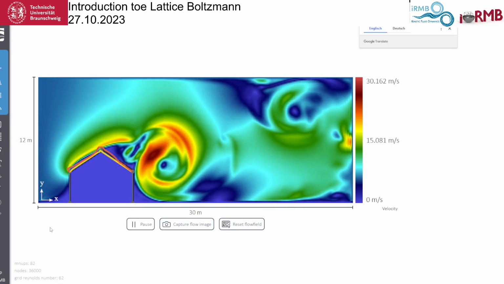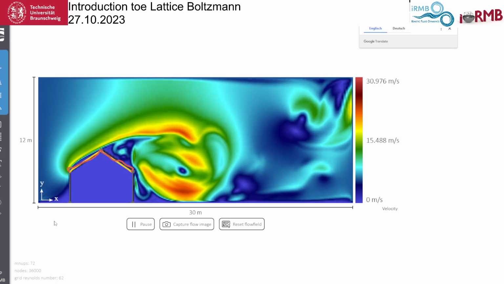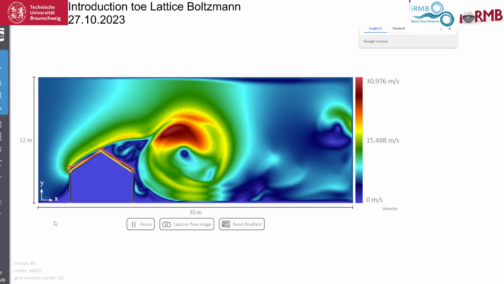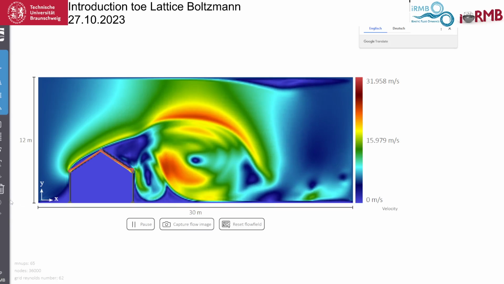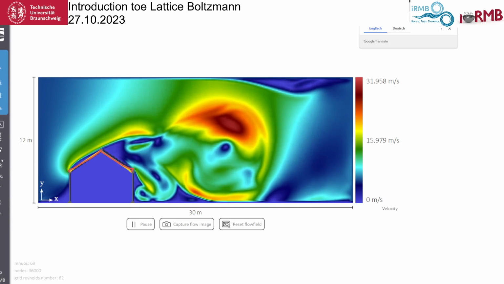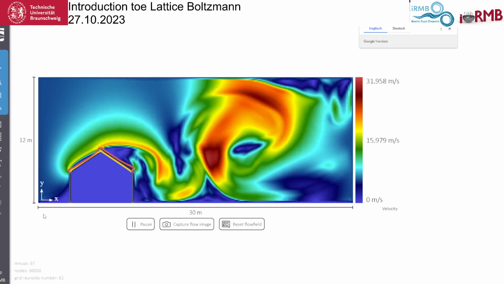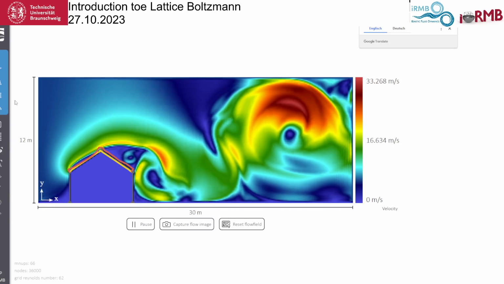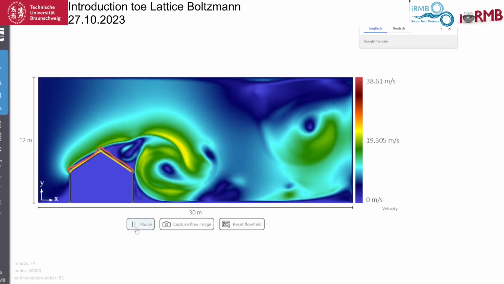This is a tool that was completely implemented by a student of ours, and he spent a lot of effort designing the interface, where I have nothing to do with the interface. So he did a pretty good job on this.